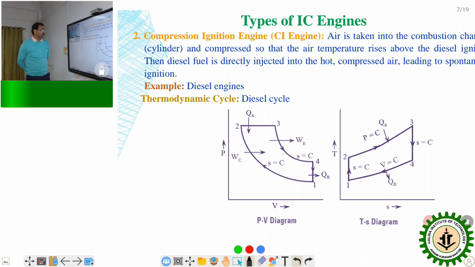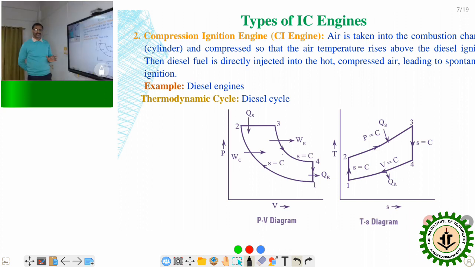A big compression ratio is taken, so that at the end of the compression stroke the temperature will be very high with respect to petrol. In a diesel engine, only air is compressed. At the end of compression, the air temperature will be very high, and then diesel will be sprayed into the cylinder by the nozzle, so that the air temperature alone is sufficient to ignite the diesel.